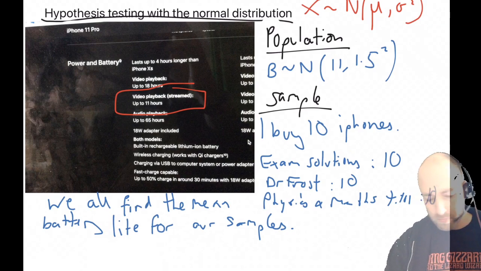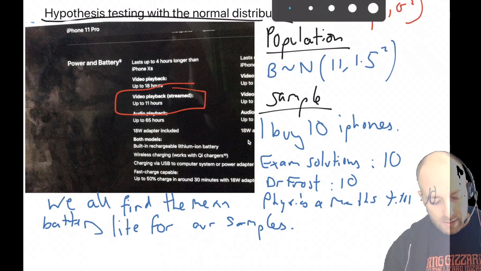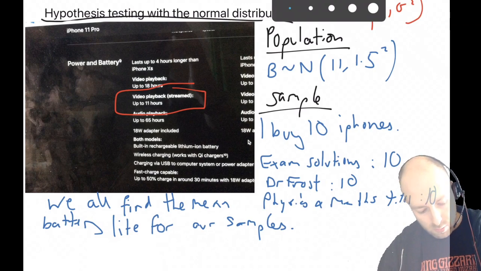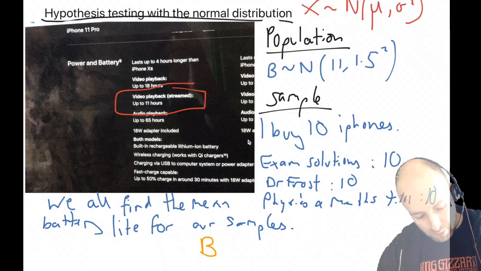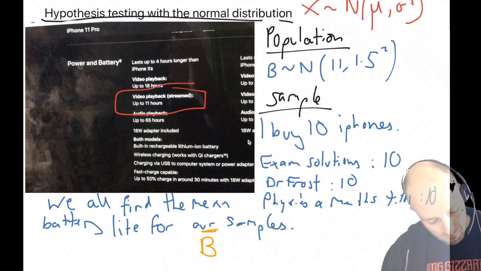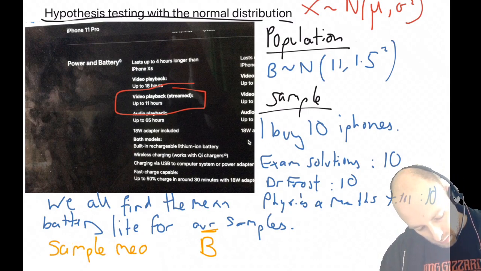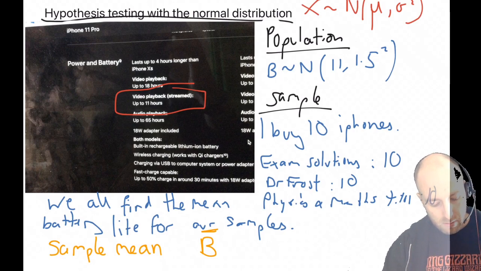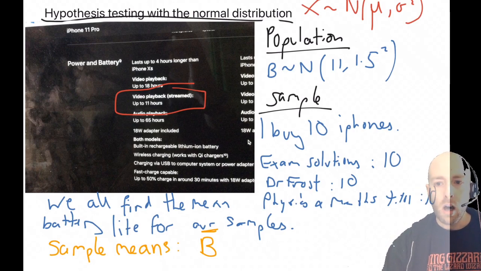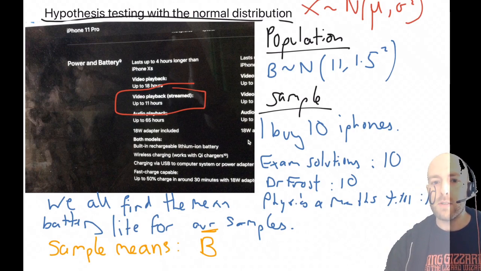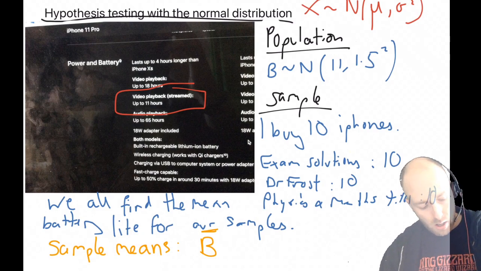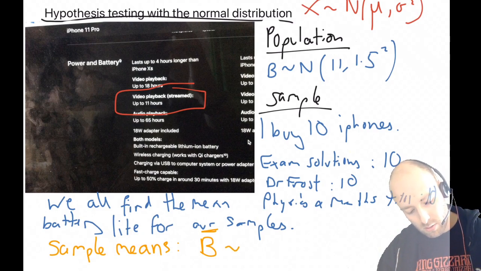So we can say the sample means, let's use B with a bar on it, are also normally distributed.